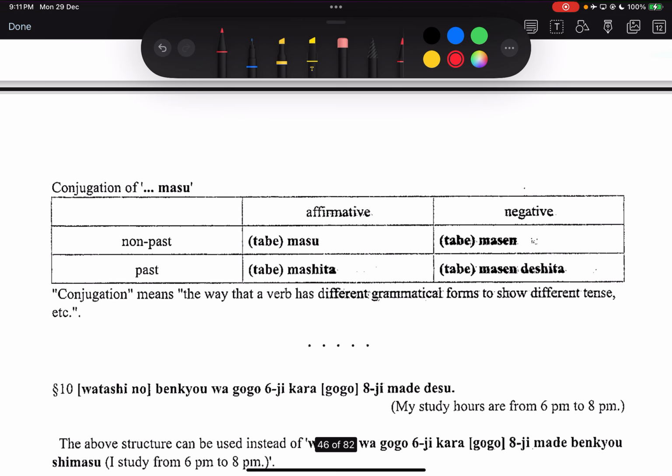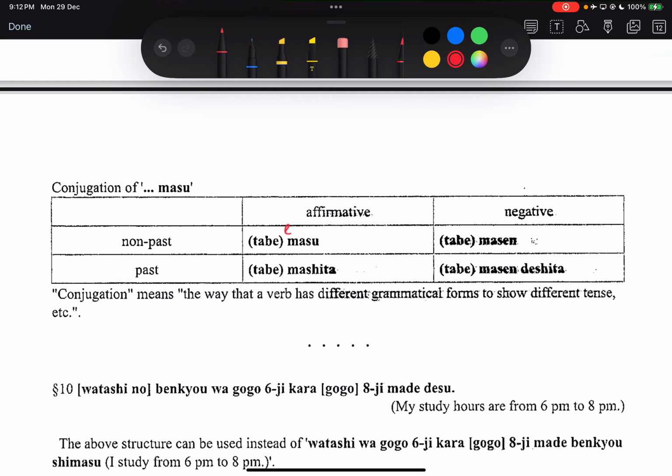We have our table which will help us understand everything even easier. Okay, so non-past tense and affirmative means positive. Affirmative means it hasn't happened and it should happen. So this will be tabemasu. Our tabemasu is what we call the masu form. Tabemasu is to eat, right?